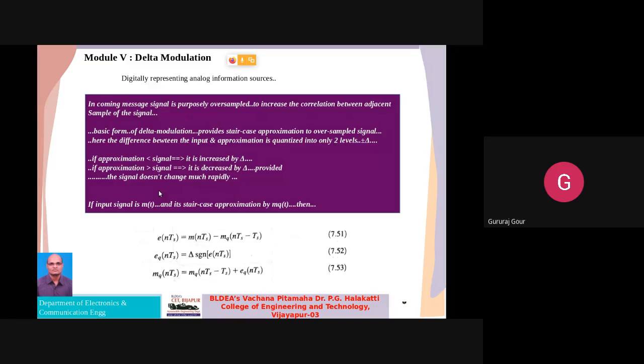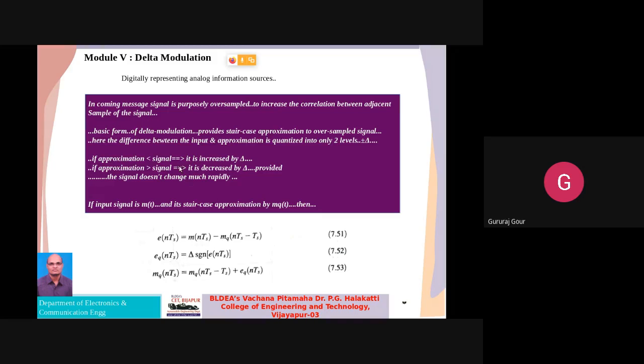Here we assume the signal doesn't change rapidly. The input signal is m of t and the staircase is mq, as I have shown here. In this way the delta modulation coding is done. Here I have to write that the approximation is less than the signal level.